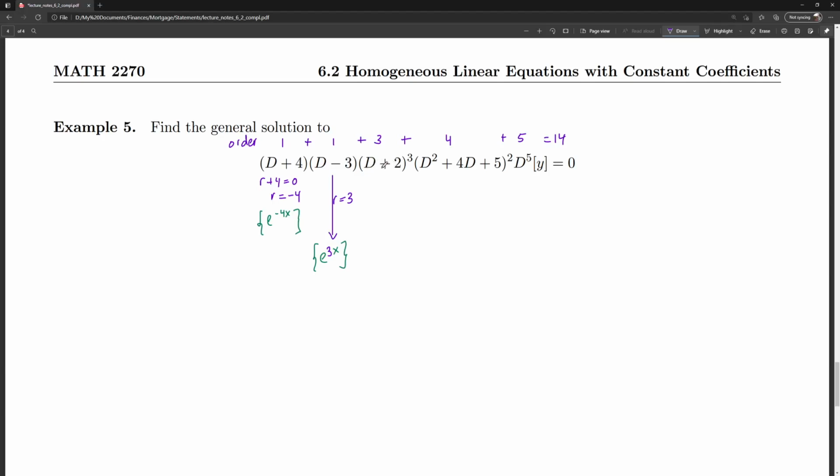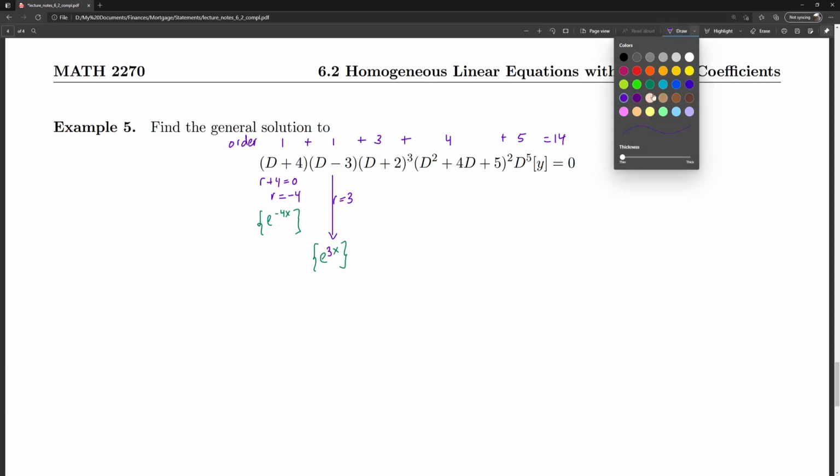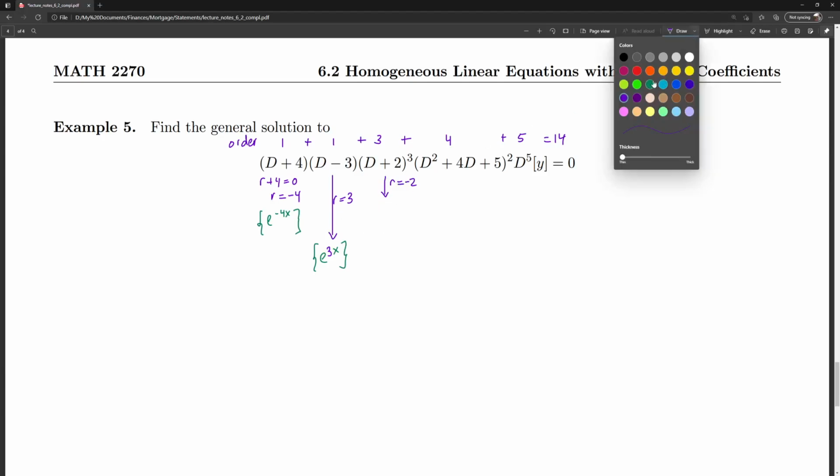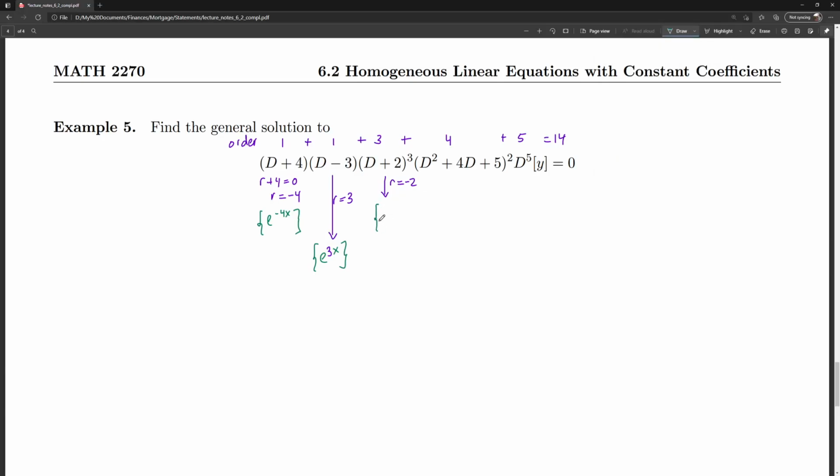Okay, and now we take a look at D + 2. That corresponds with r + 2 = 0, but there's a power of 3, so we have a multiplicity of 3. Our root is r = -2, if you set r + 2 equal to 0. And that means that our first solution will be e^(-2x).